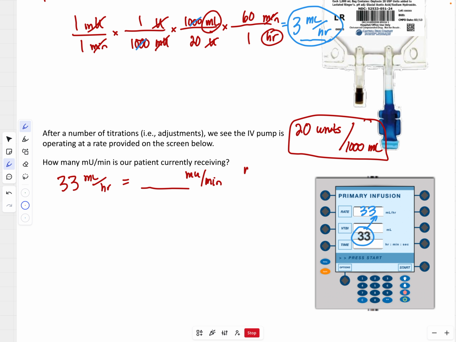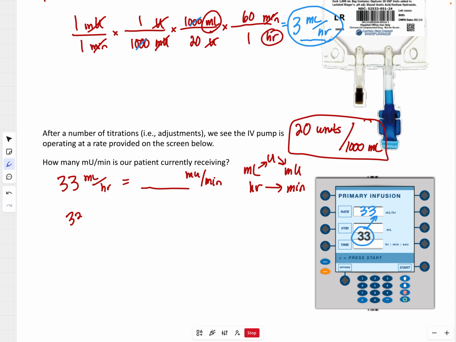So I need to turn my mLs into milliunits. I need to turn my hours into minutes. The time conversion should be something we're comfortable with. The numerator, I can turn those mLs into units using the bag, and then I can use my understanding of the metric system to turn those units into milliunits. That's my plan. If you want to pause here, go ahead and do that.